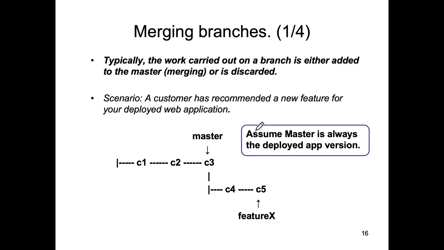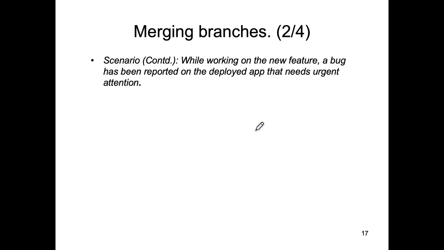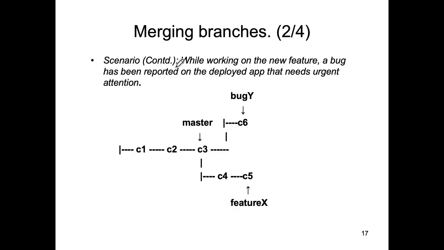Now, we're working away on this feature, but a bug has actually been reported on the version of the web application that my customers are using. Straight away, obviously, we want to resolve that bug. That means creating another new branch. So now I've got a bug Y branch, and we're trying to fix the error in it.